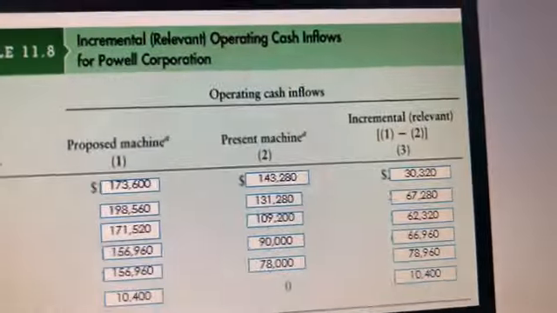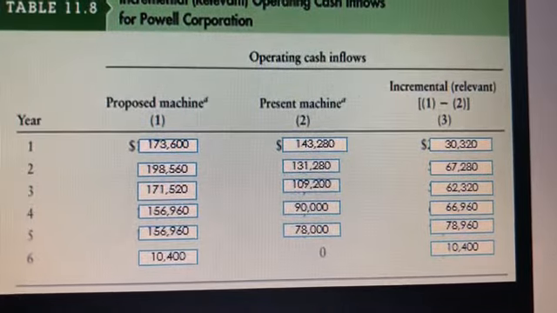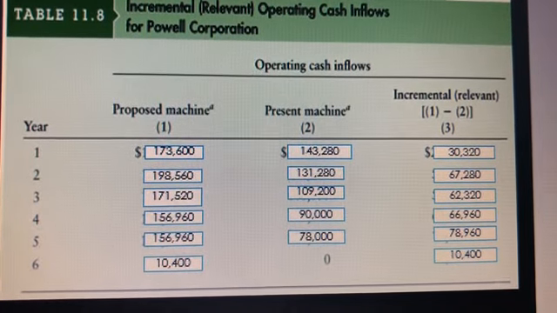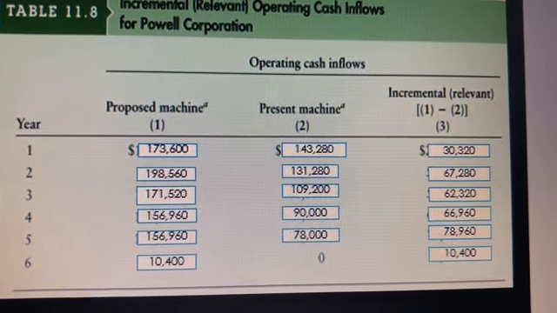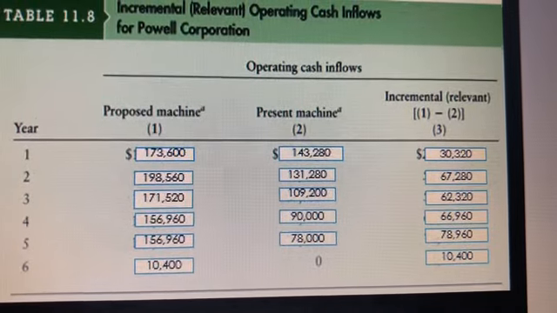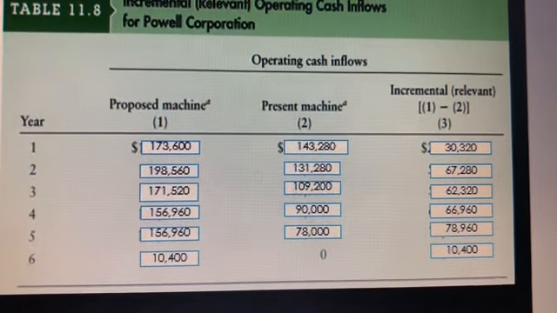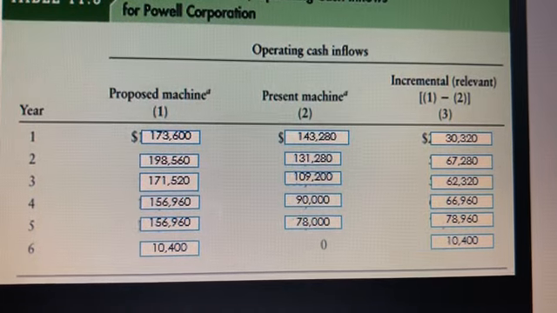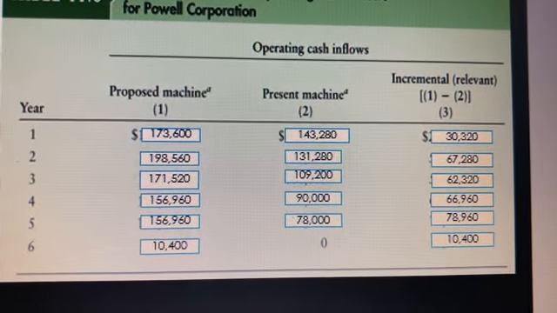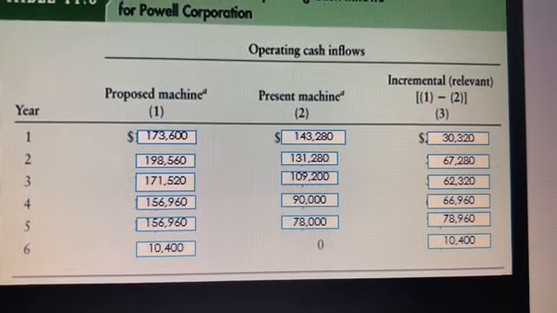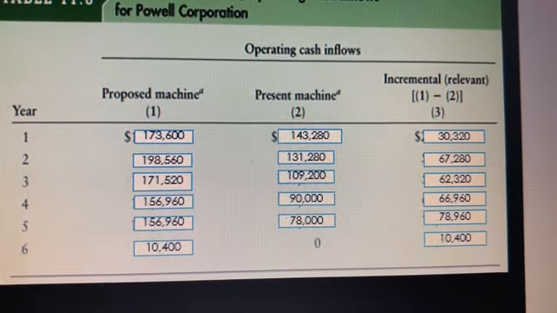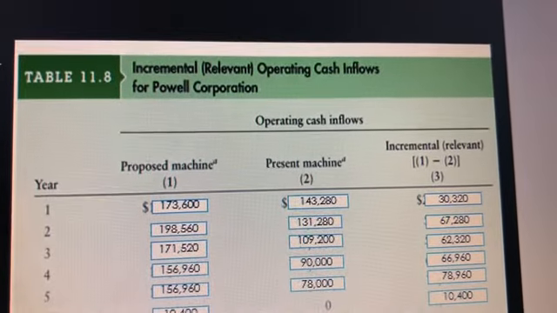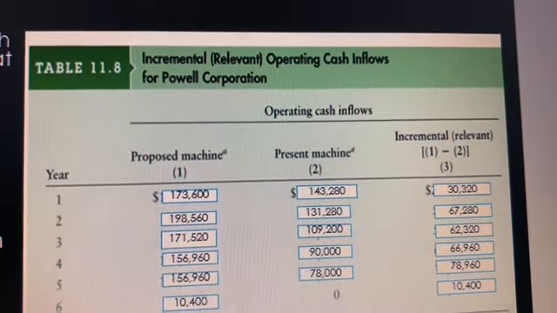So by subtracting the present from the proposed, for example, 173,600 minus 143,280 is going to give you an incremental of 30,320 for year 1, and for year 2, 198,560 minus 131,280 is going to give you 67,280 incremental for year 2, and so forth. And that is how you calculate incremental.